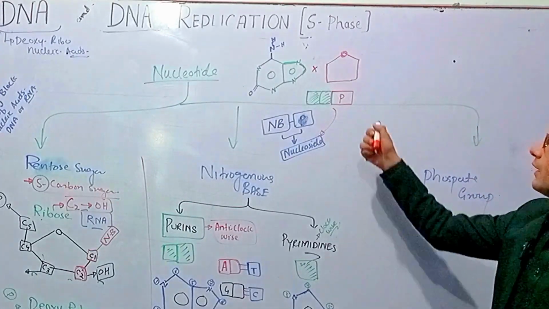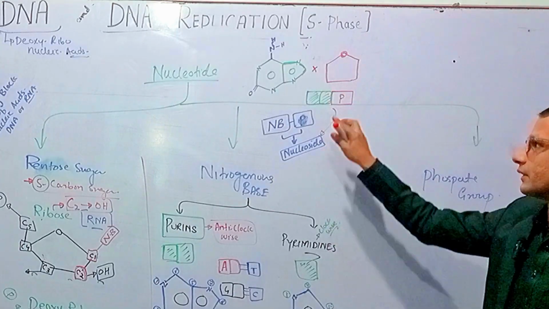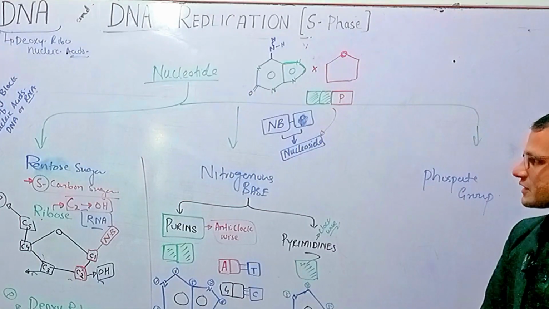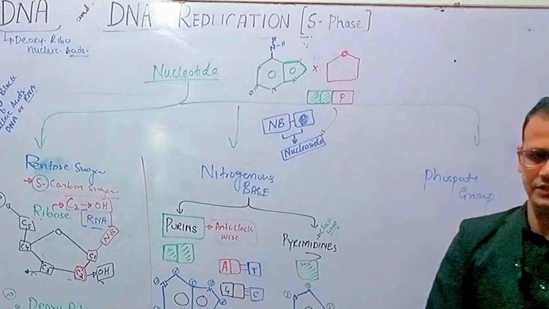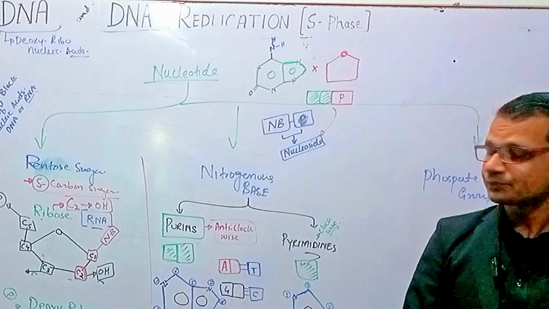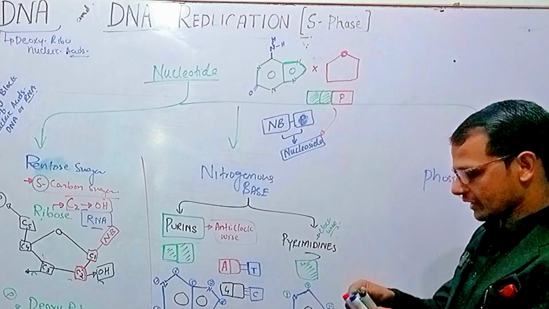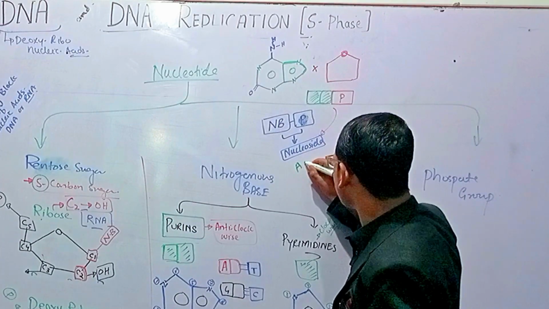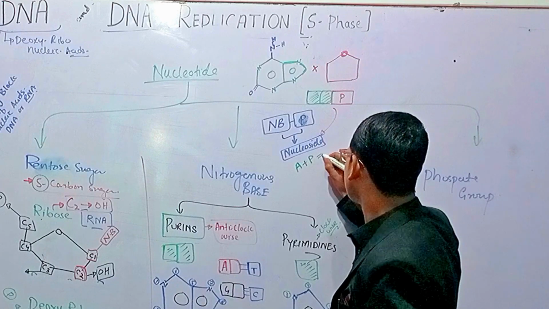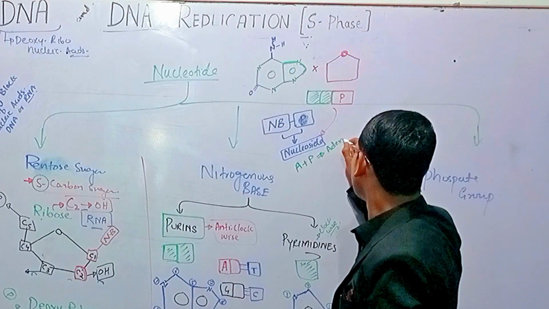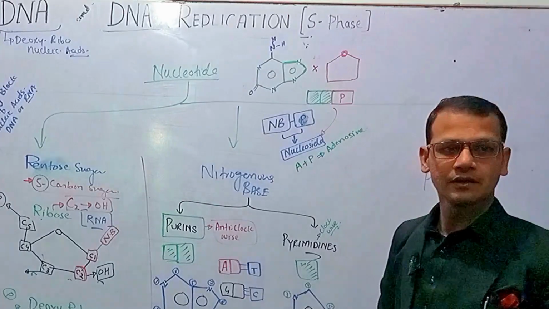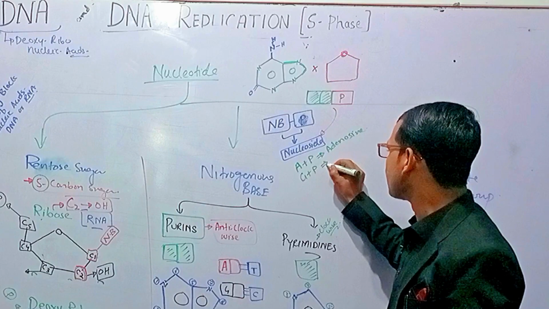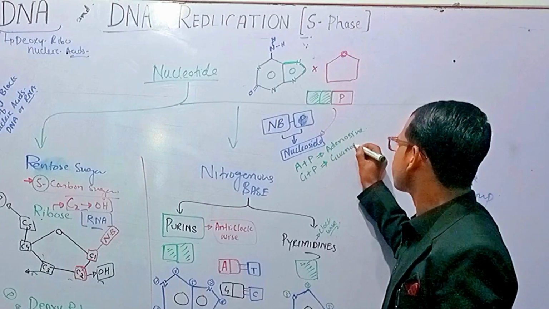After this we attach the phosphate group to this nucleoside and it will form a nucleotide, right? But there is some nomenclature for these nucleosides. If we take adenine and pentose sugar, it is called adenosine. Guanine and pentose sugar form guanosine.